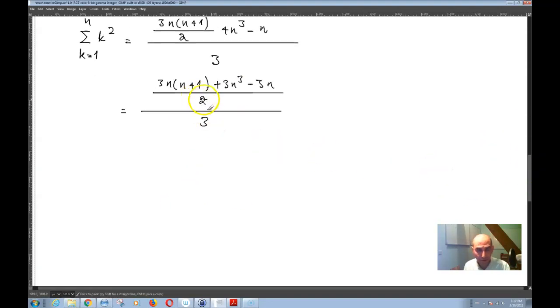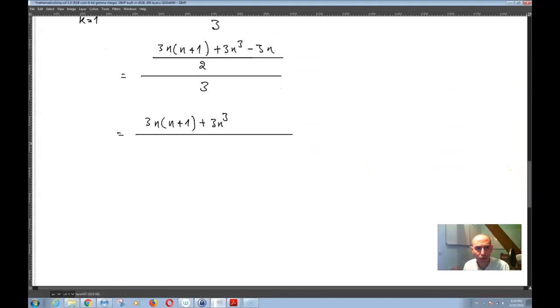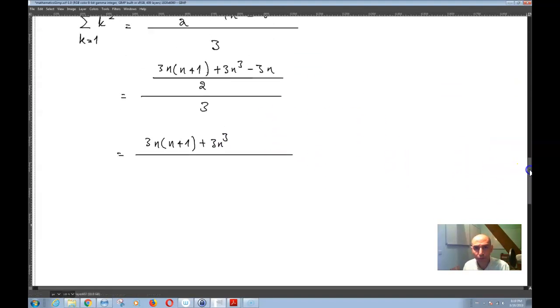And then if I multiply these together, what I will get is 3n times n plus 1 plus 3n cubed. This is supposed to be n cubed, right? Minus 3 times n divided by 6. So that is sigma k squared as k goes from 1 to n. Exactly what I want to find out.